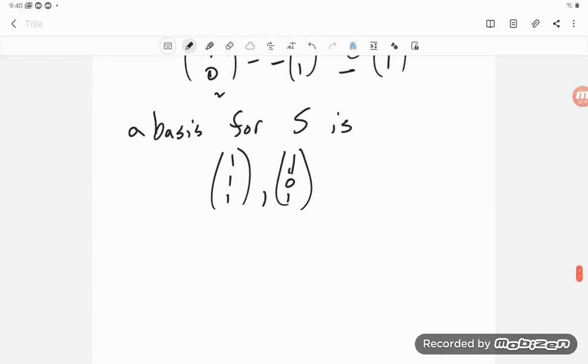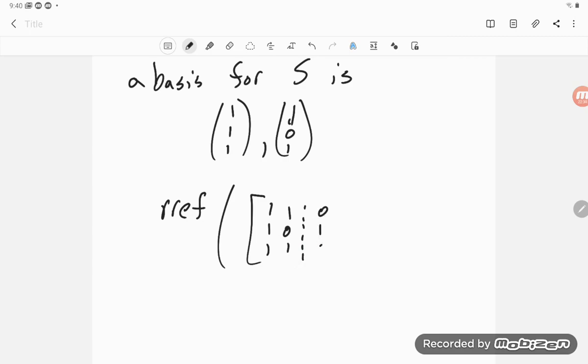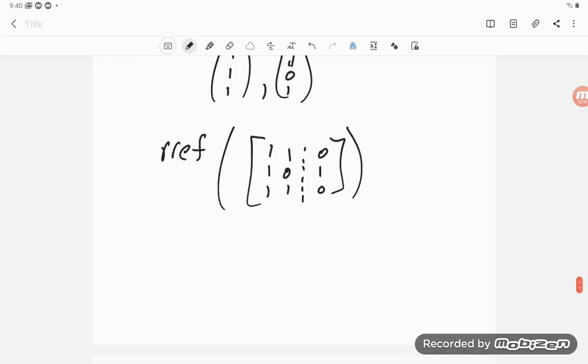But after that, I might have to go to an augmented matrix and look at the reduced row echelon form of the matrix 1, 1, 1, 1, 0, 1, and 0, 1, 0, and see that I have a consistent solution.